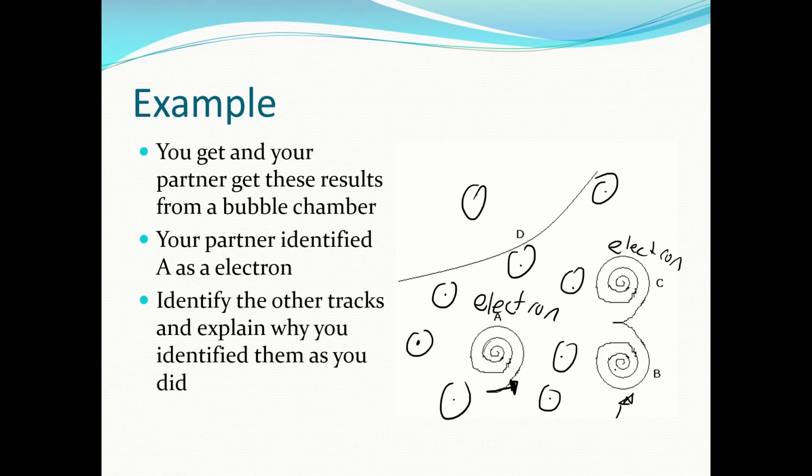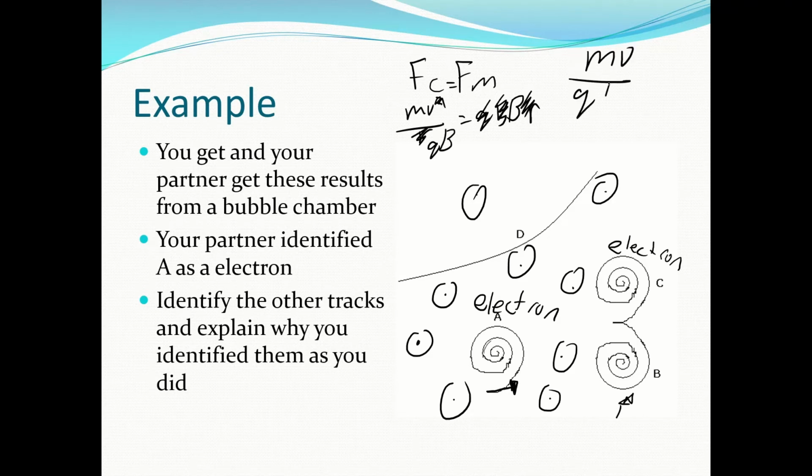situation, right? So you've noticed that the radius is the same, and the radius has to do with the mass because Fc equals Fm, mv squared over r equals qvb. We can eliminate one of our velocities and move our r up top and our qb down below, and we get that mv over qb is equal to r.